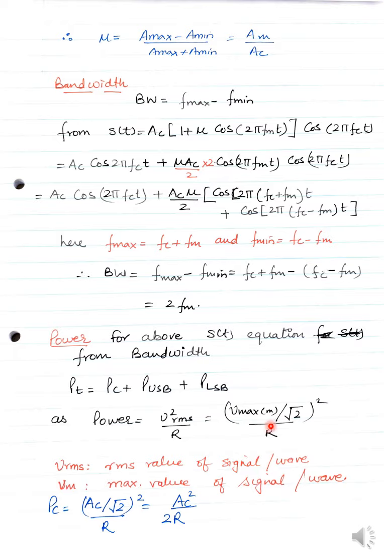So it will be (Vm divided by root 2) whole squared, where Vm is the maximum value of the signal. To find Pc, the power in the carrier signal, the maximum amplitude is Ac, so it's (Ac divided by root 2) whole squared, which is Ac squared divided by 2R.